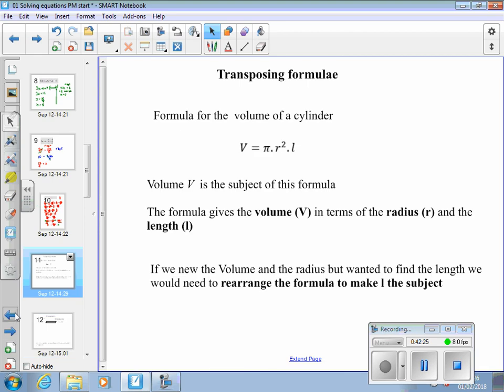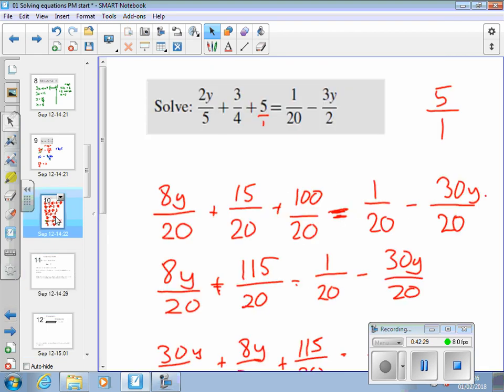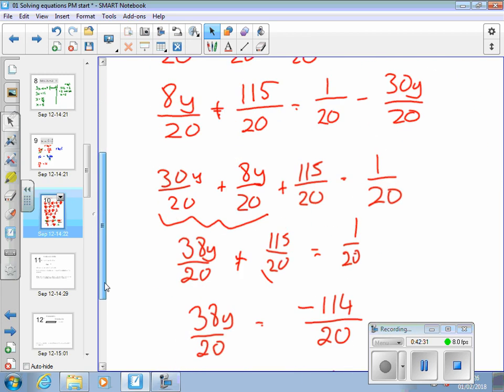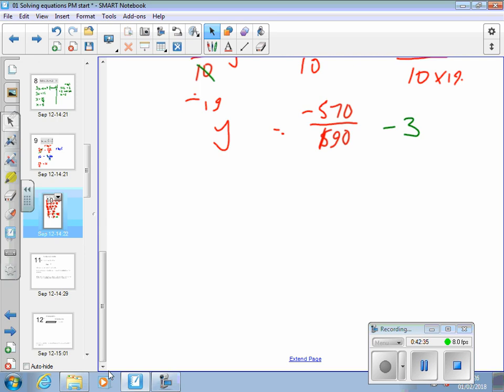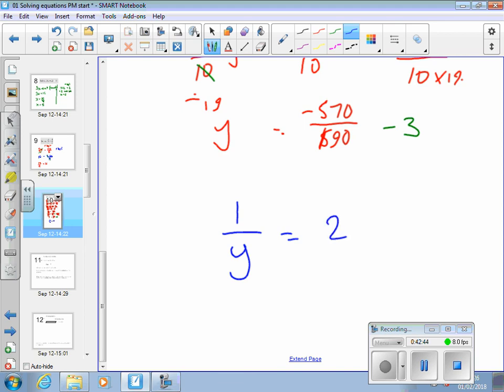Right. What I do want you to be aware of is if you had some fraction and you want to find y.